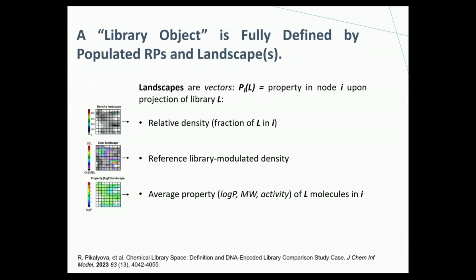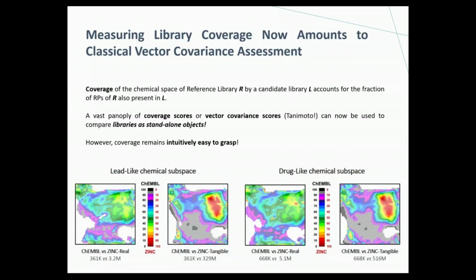And well, then life is simple, because if you ask me how do you calculate the overlap between two libraries? Well, it's just a matter of covariance of their characteristic vectors, right?